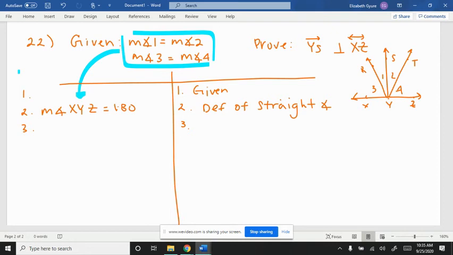Now, what I'm going to do is I want to just show that either angle SYX or SYZ is a right angle, either one. It doesn't matter which one you do. But isn't angle SYZ made up of angles 2 and 4? And isn't angle SYX made up of 1 and 3? And those are the only things we're given information about.